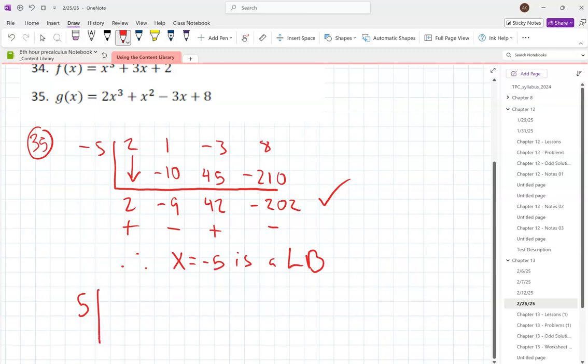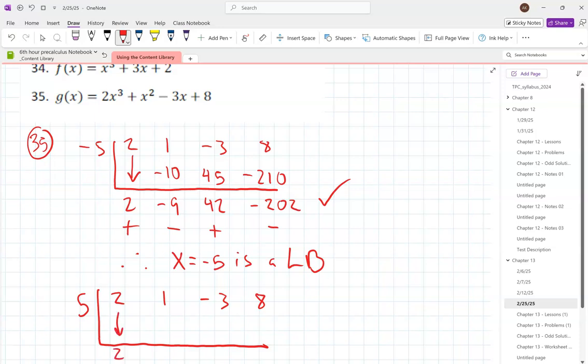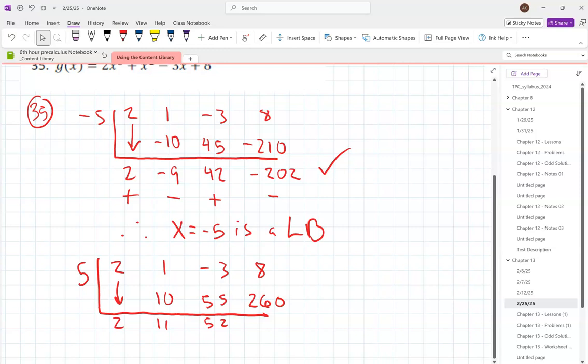We'll do the same thing now with the +5. And all of those are non-negative.